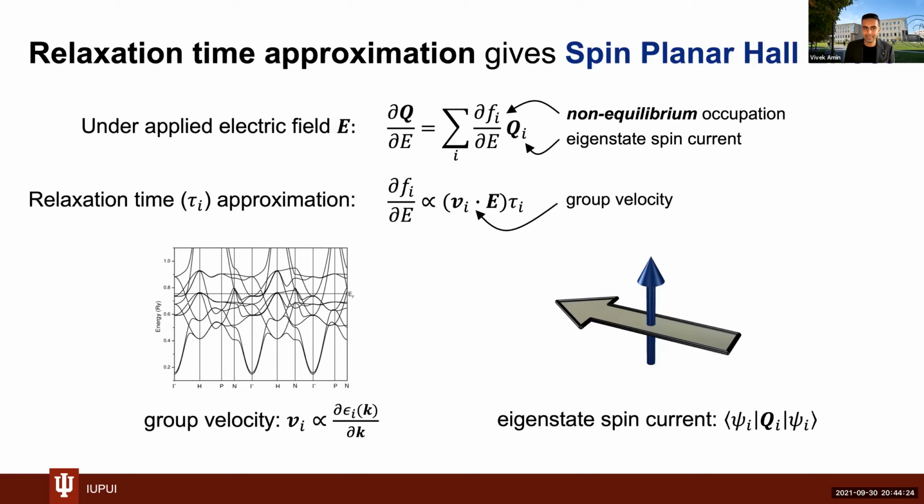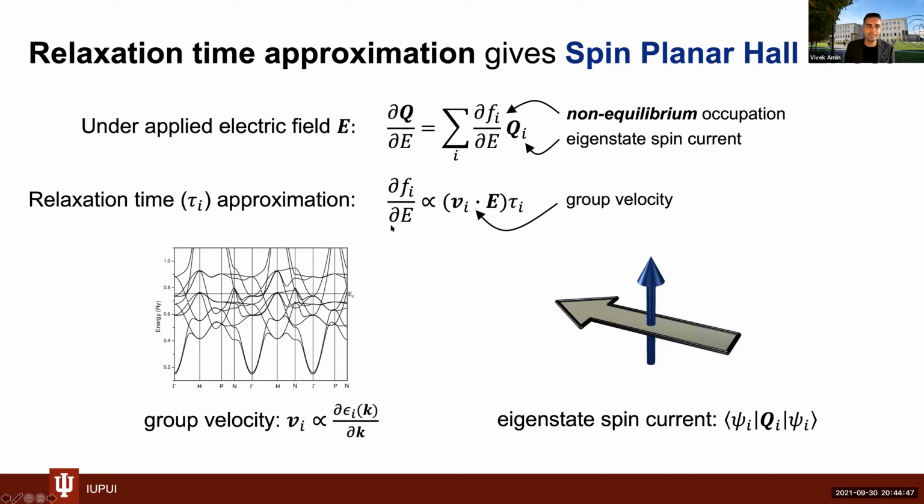a couple ways. The extrinsic mechanism that we talked about involves perturbing the occupation of carriers. So you turn on an electric field, the occupation of carriers changes, and then you sum that change with the eigenstate spin current, and then you get the new spin currents that can result. And how do we model the change in this occupation?